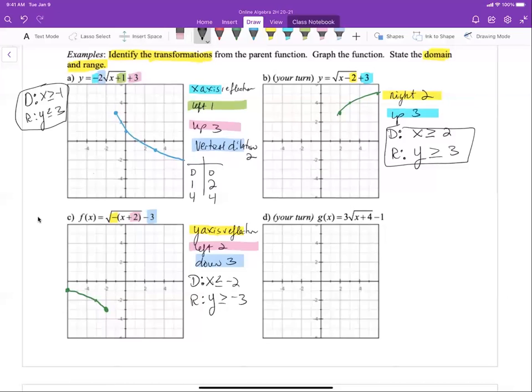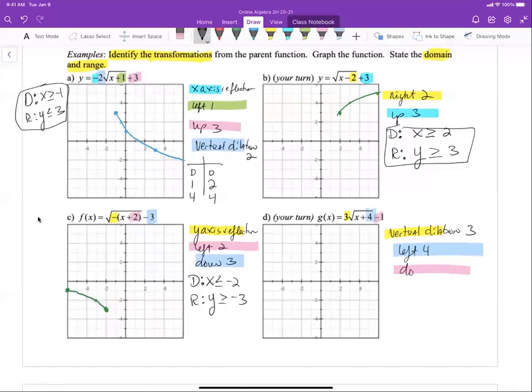Okay. All right, why don't you try one yourself? Welcome back. So I have an outside, I have 3, it's outside. This is a vertical dilation of 3. 4 is underneath, so I'm going to go left 4.